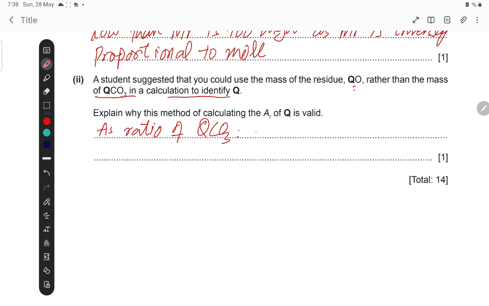So it does not matter whether we use the mass of residue QO rather than the mass of QCO3. Hopefully you got it.